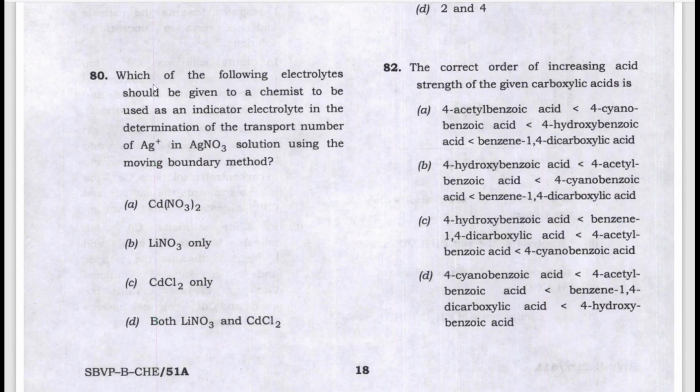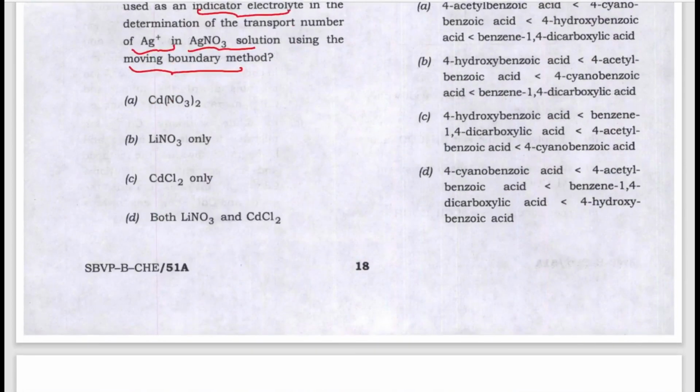Next question. Which of the following electrolytes should be given to a chemist to be used as an indicator electrolyte in the determination of the transport number of silver positive ions in silver nitrate solution using the moving boundary method? To choose the indicator electrolyte in the moving boundary method, first, the cation of the indicator electrolyte should not move faster than the cation whose transport number is to be determined.